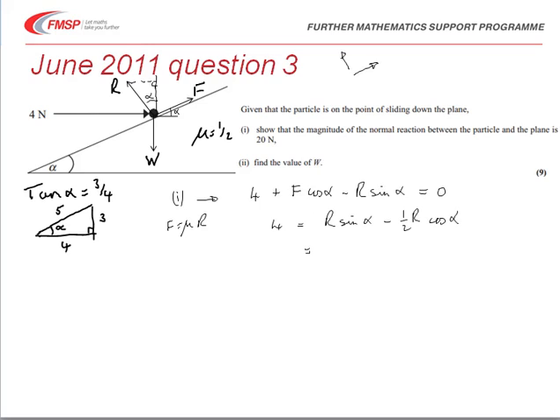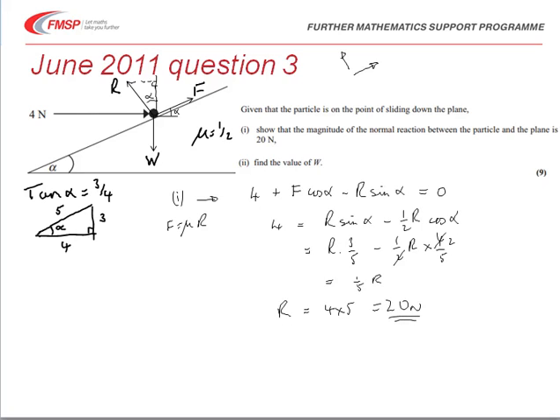Substituting the values for sine alpha and cosine alpha from our triangle, sine alpha is 3/5, so this is R multiplied by 3/5, and then we've got 1/2 of R, and cosine alpha is equal to 4/5. So you can see that we've got 3/5 R, and then minus 2/5 R, so this is equal to 1/5 of R. And therefore, multiplying by 5, R is equal to 4 multiplied by 5, which is 20 newtons.